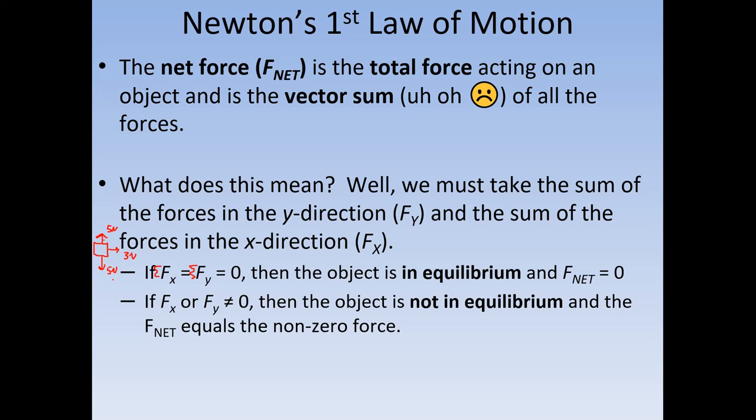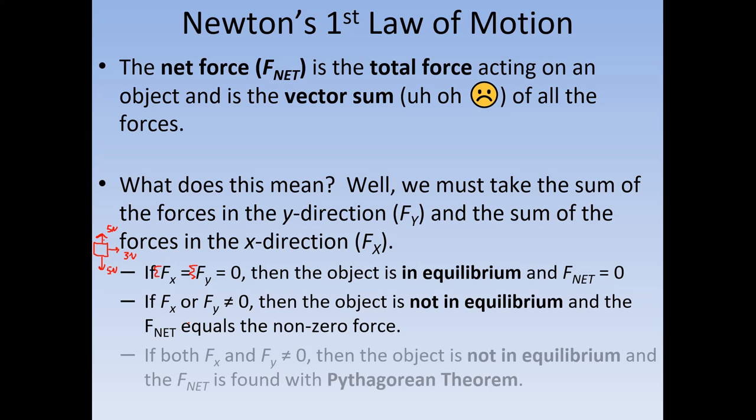But yeah, so what we end up getting here is that the net force ends up equaling whatever the non-zero force direction is. So if you have a net force in the x direction, that's your net force in total.